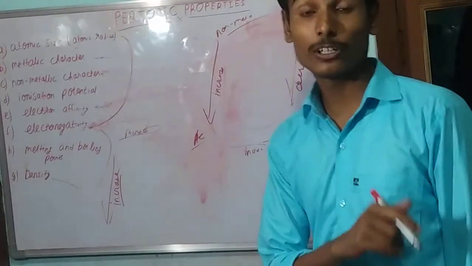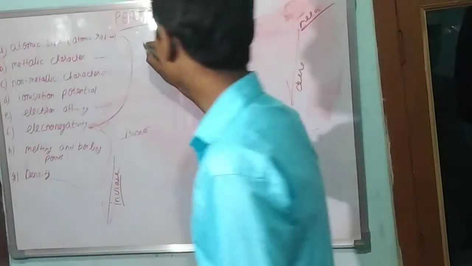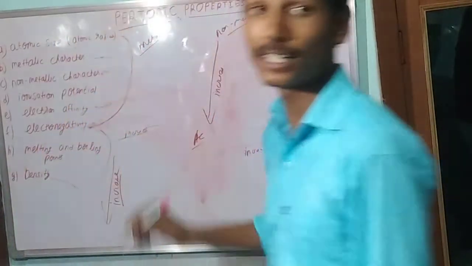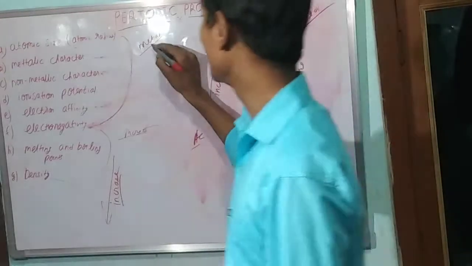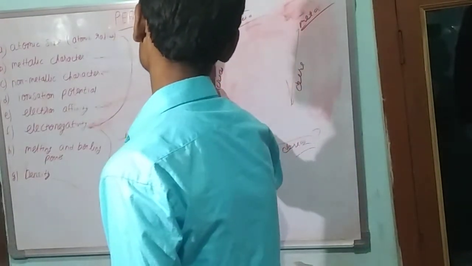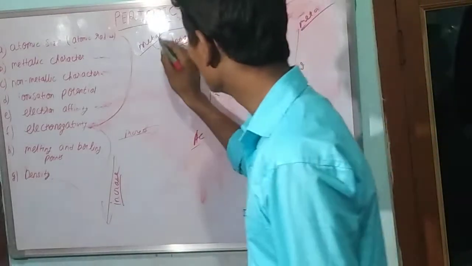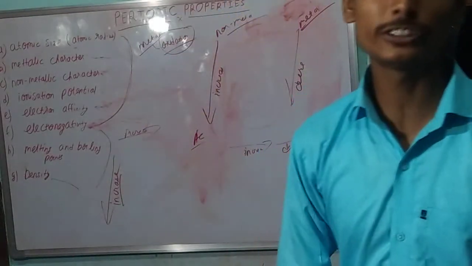And one important thing I want to tell you: metals undergo oxidation. What is oxidation? Losing of electrons is called oxidation.